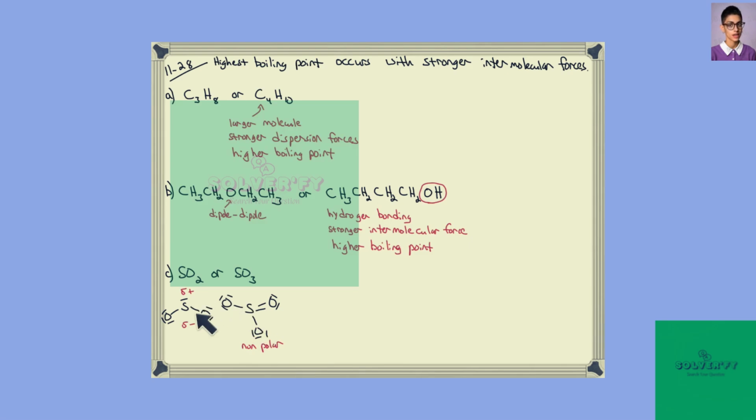The dispersion forces, similar to what we determined up here, increase with molar mass. So because sulfur trioxide has a greater molar mass, it will have greater dispersion forces and a higher boiling point. And this is the case if you were to look up these two molecules. Sulfur trioxide has the higher boiling point, suggesting stronger intermolecular forces.